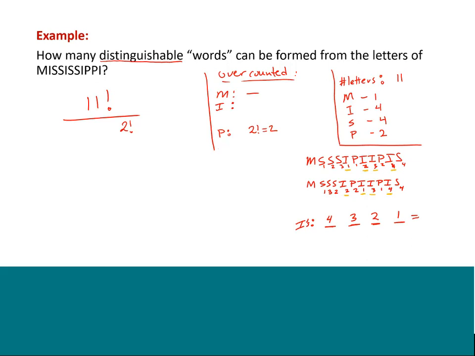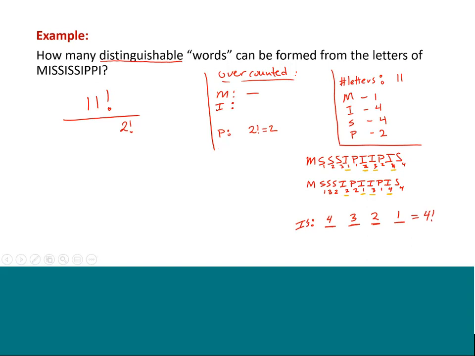Hopefully you are all thinking to yourself, 4 times 3 times 2 times 1. I wasn't looking for anything more difficult than that. I'm just going to write it as 4 factorial because I'm lazy. So what this is attempting to show is that in terms of the I's, once you get a distinguishable word together, the 11 factorial actually overcounts it by a factor of 4 factorial.